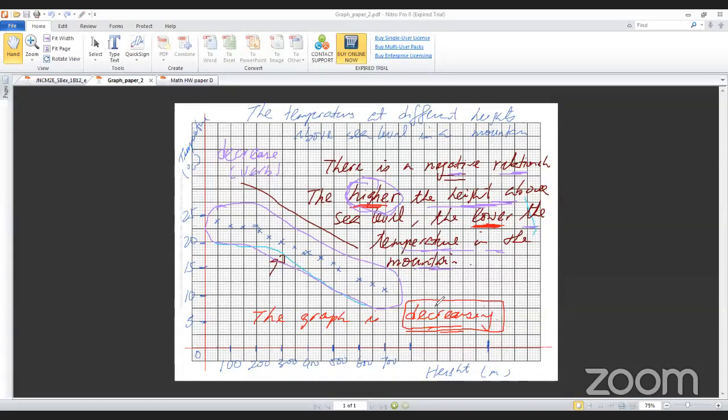But this is a kind of suggestion. You can always use this kind of sentence structure to describe the graph. Of course, you can use your own wordings as long as your sentences are correct and the markers can understand what you have written. Any more questions? Scatter diagram?